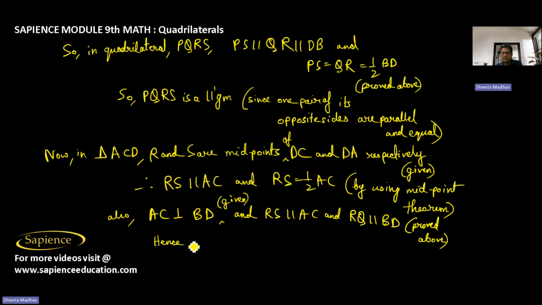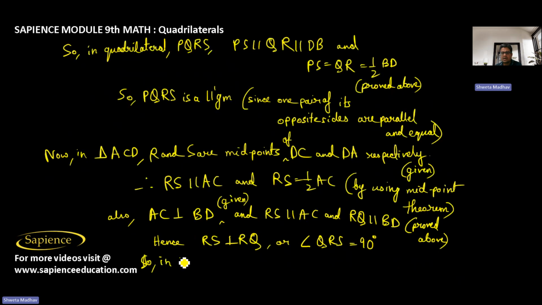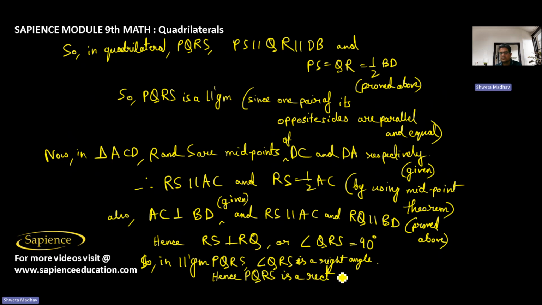So RS is perpendicular to RQ, or we can say that angle SRQ equals 90 degrees. So in parallelogram PQRS, one angle, that is angle QRS, is a right angle. Hence PQRS is a rectangle. So hence proved.